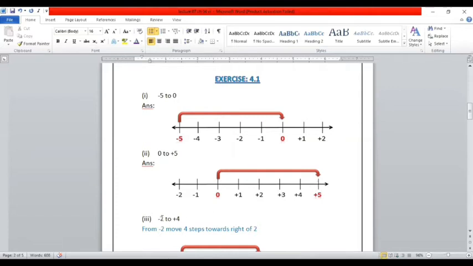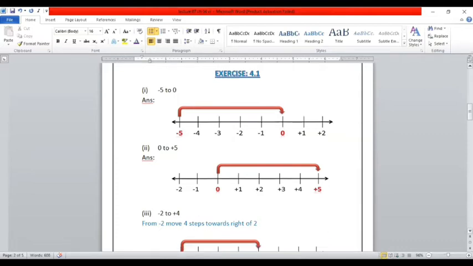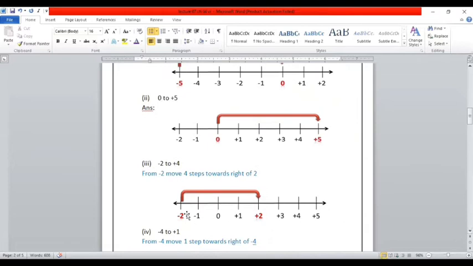Dear students, here is -2. First, we have to locate -2 from 0. And then we have to move according to the given sign.